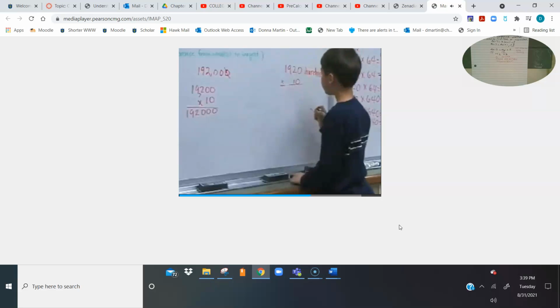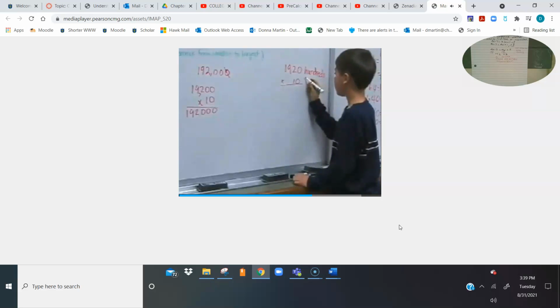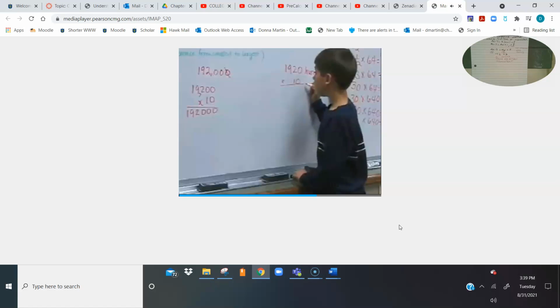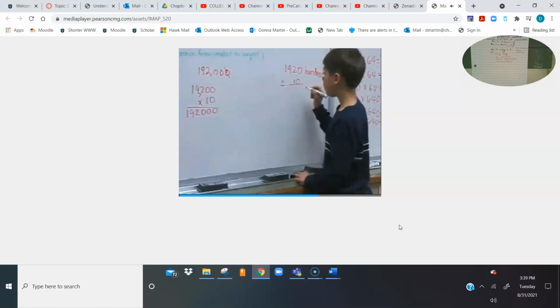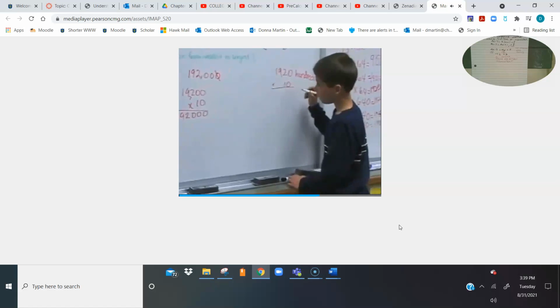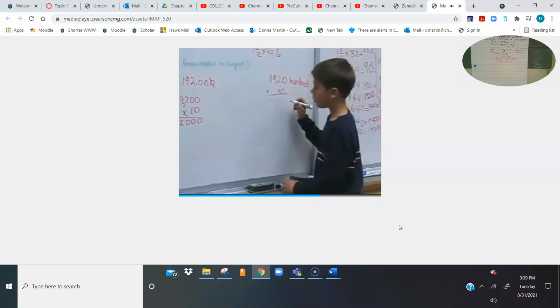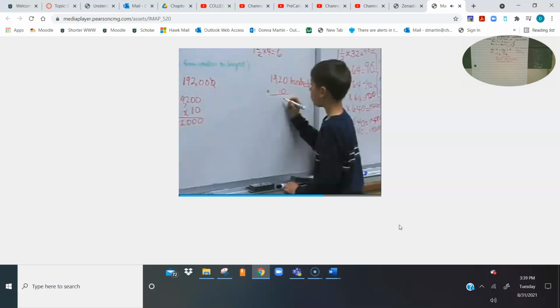There's 10. That's because that's hundreds, and you need tens. So if you times that by 10, it will give you, because tens are smaller than hundreds. Because there's 10 tens in 100. So you have to times by 10 to get how many tens.